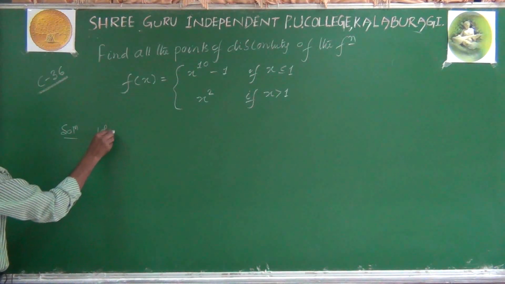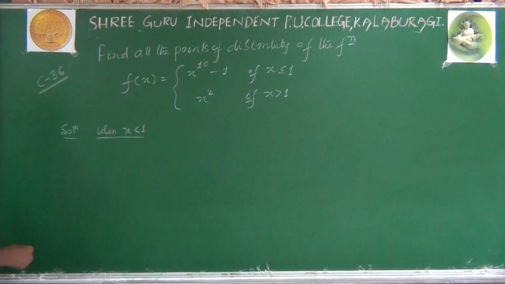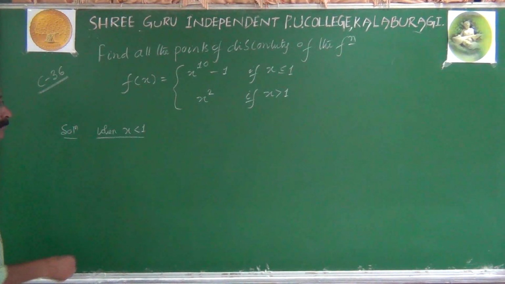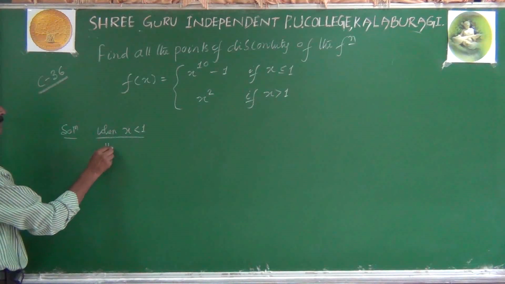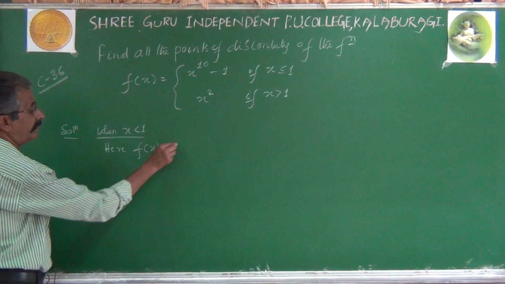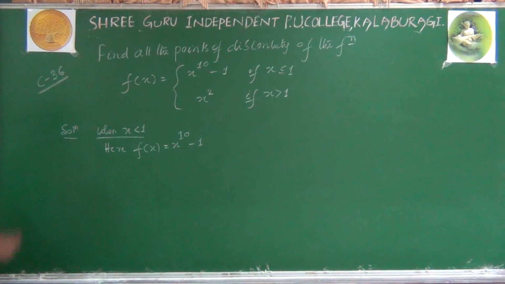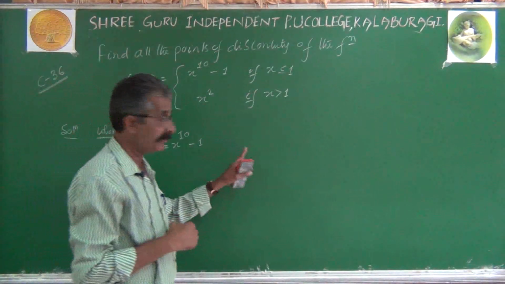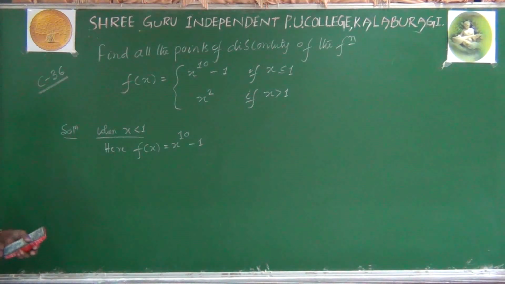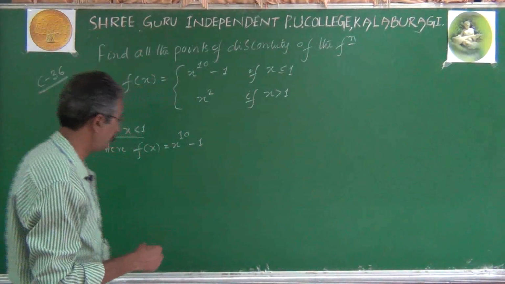When x is less than 1, the function is defined by x to the power of 10 minus 1. Here f of x equals x to the power of 10 minus 1. But what is it? It is a 10th degree algebraic polynomial, and we know that every algebraic polynomial is always continuous.